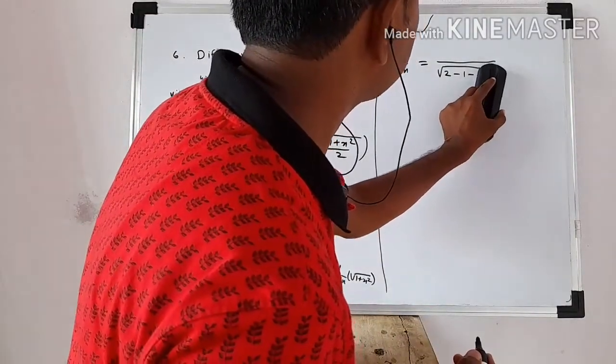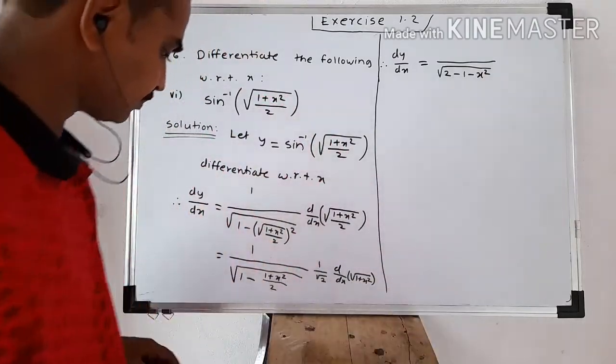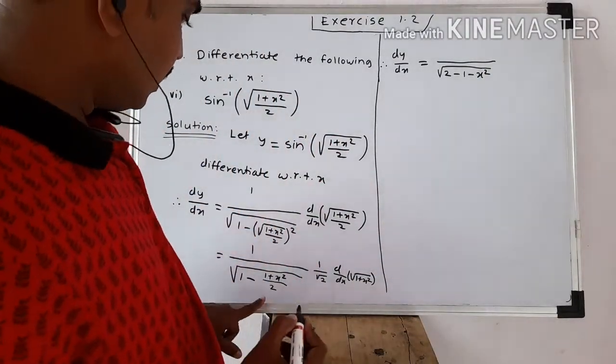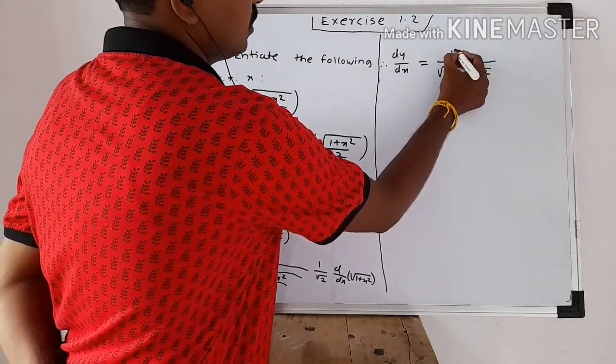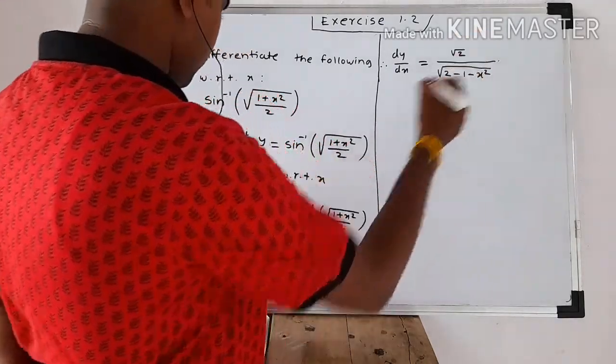Font size is small, we will write it bigger. The expression in root sign is (2 minus 1 minus x square) divided by 2. This term in root sign will be the numerator, so this will be the first term.